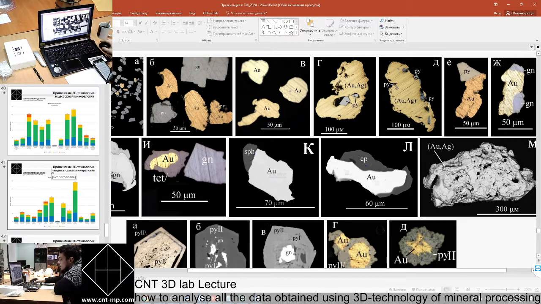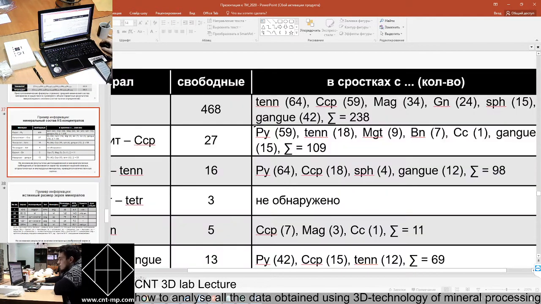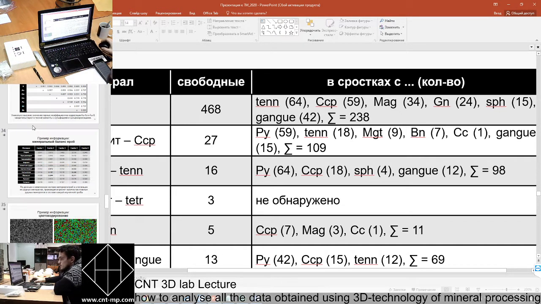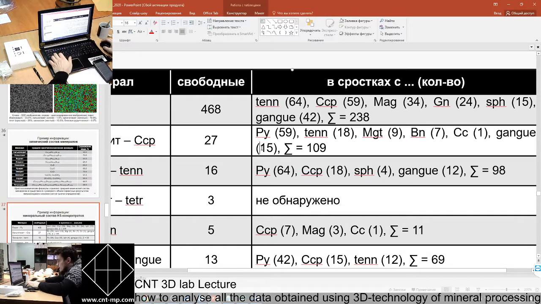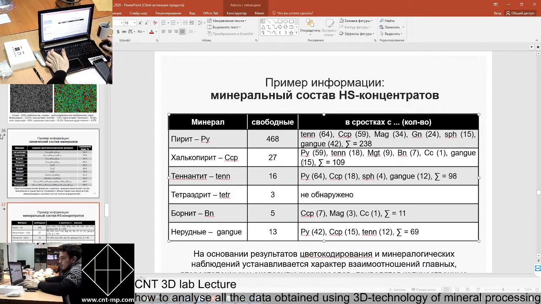When we're talking about more than 400 grains, this is a very good statistic for analyzing, and so we can say that our data is very representative.